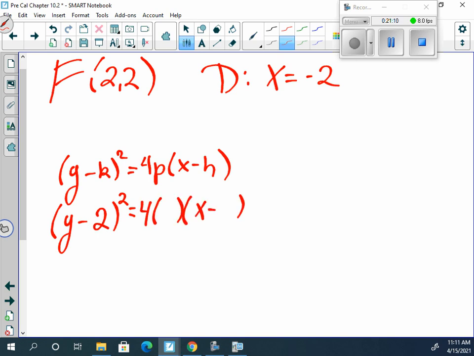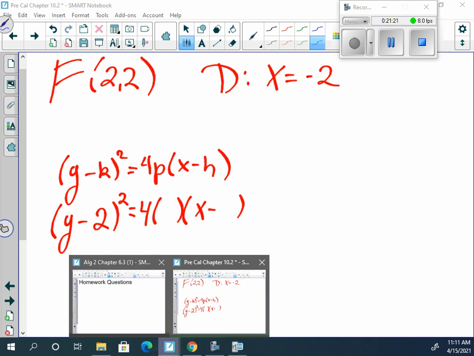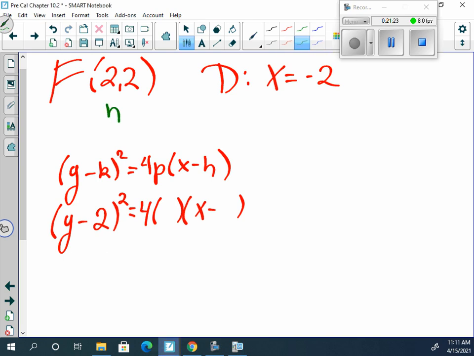Do I know the value of h? No. Because the focus is, for our second one, h plus p, comma, k. So the focus is telling me that h plus p is equal to 2.